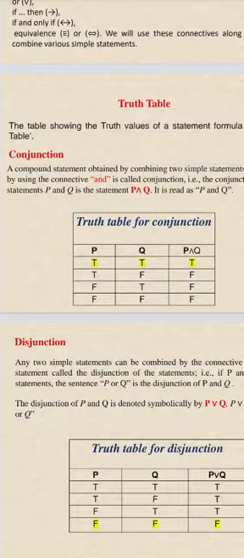In the last column we write the truth values of P and Q. P true, Q true: P and Q is true. P true, Q false: P and Q is false. P false, Q true: P and Q is false. P false, Q false: P and Q is false. This table is the conjunction truth table.